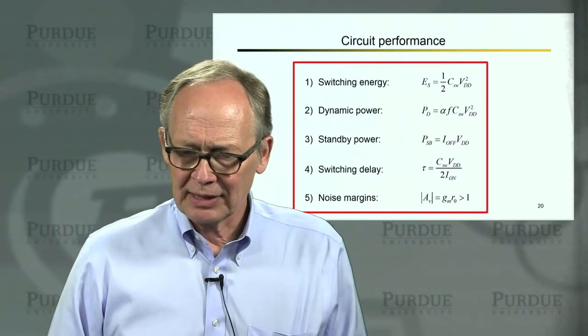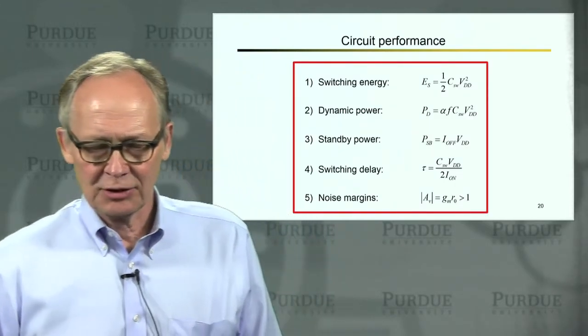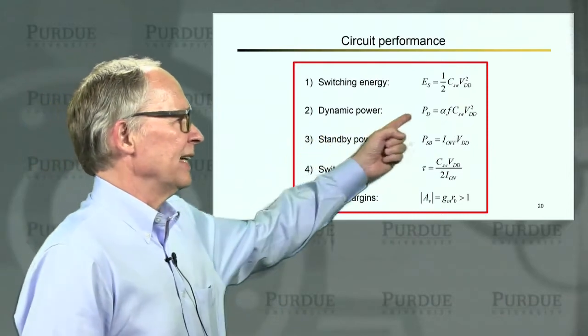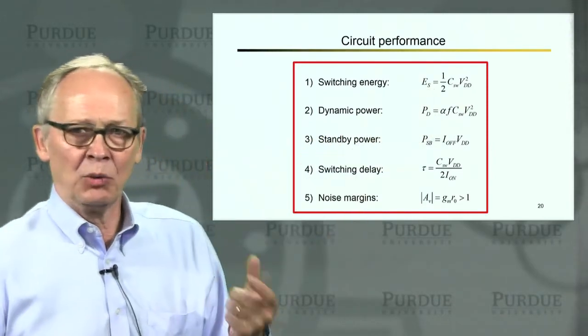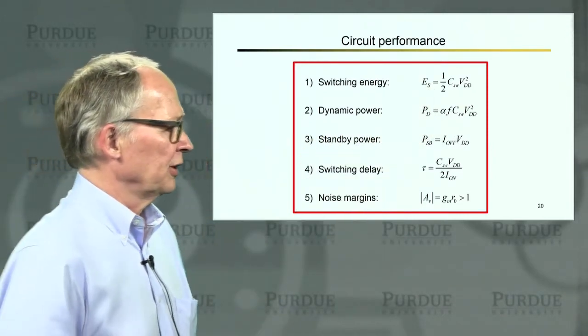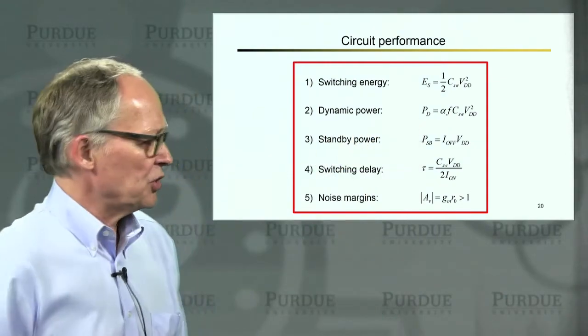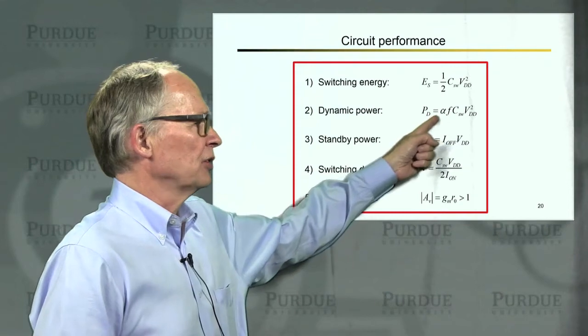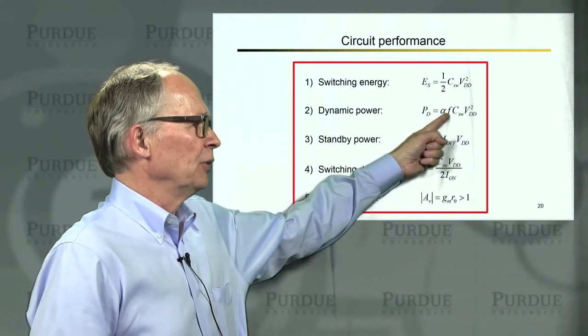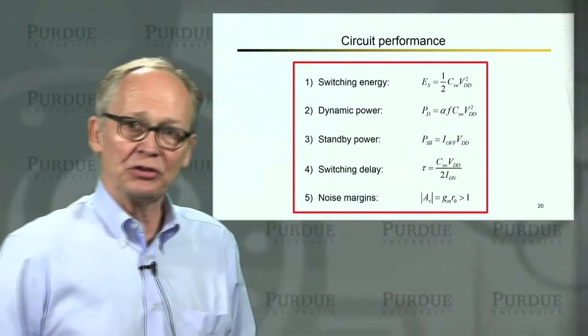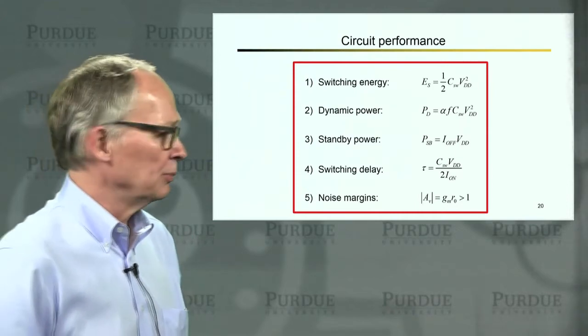So, in summary, the circuit performance is determined by these considerations. The energy that it takes to make a 1 or a 0 is just the energy stored in this capacitor. The dynamic power, or the power while we're switching, is proportional to the activity factor, frequency, capacitance, and voltage squared. That's why voltage is so important.